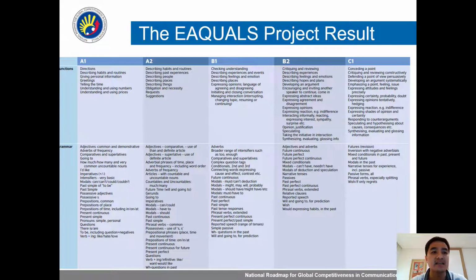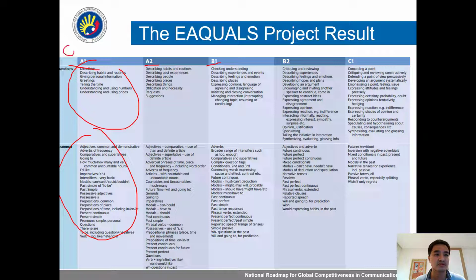So this is the project result. They'll have things divided into levels, so these A1, A2, B1. And if I'm teaching someone completely zero, and I need him to get to a higher level, then I say, okay, to get to A1, I have to teach you all these skills, right?